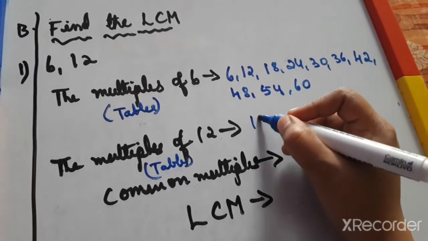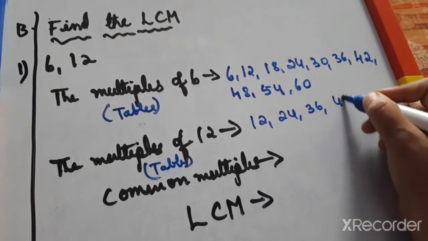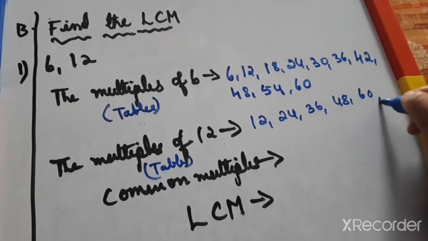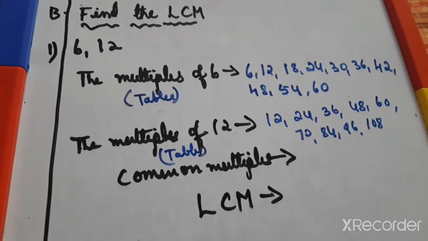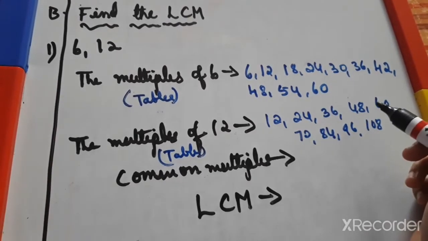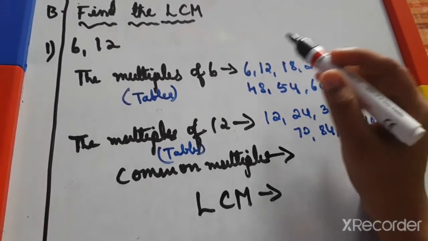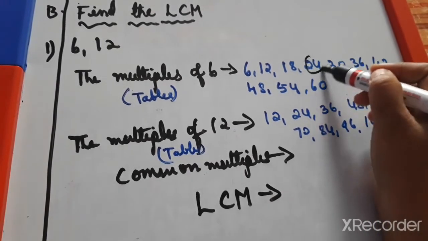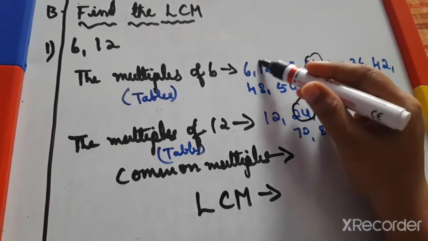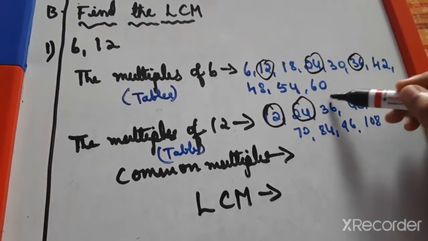Then 12 ones are 12, 12 twos are 24, 12 threes are 36, 12 fours are 48, 12 fives are 60. Now the tables of 6 and 12 are written. Now we have to find the common multiples. So which is common here? 12 is common, 24 is common here, then 36 is common.